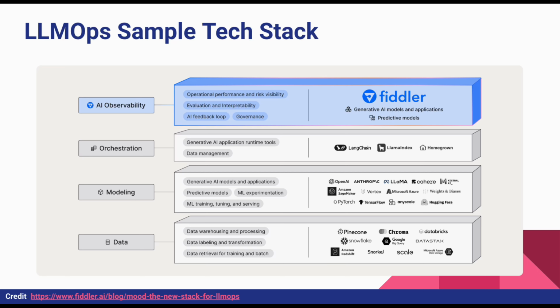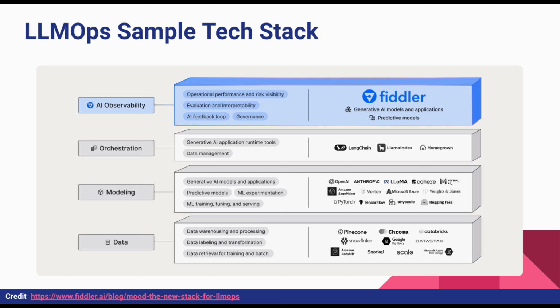The LLM platforms like OpenAI, Anthropic, the maker of Claude, Llama, Cohere, Mistral, everything comes here. And also the cloud-based ML platforms like Amazon SageMaker, Vertex AI from GCP, Microsoft Azure, TensorFlow also come into this layer. Hugging Face, which is a model repository, also comes in the modeling layer.